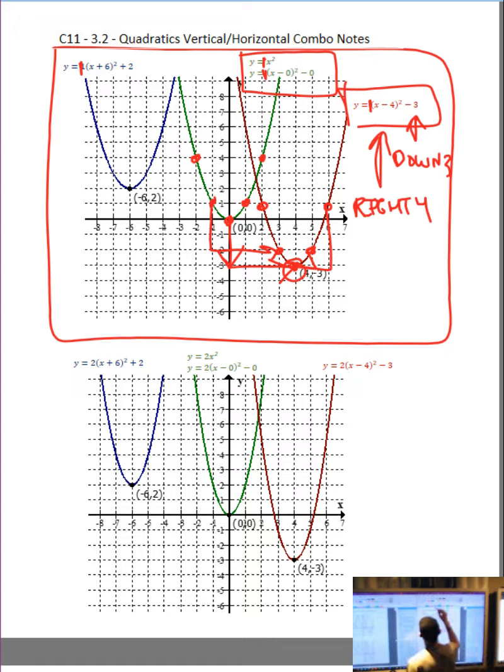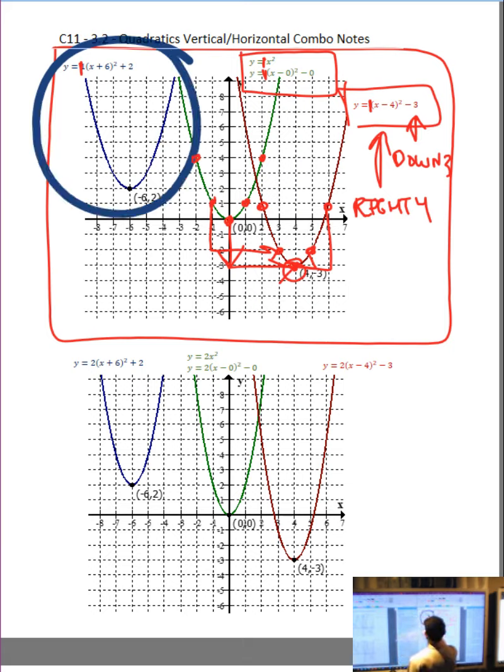And vice versa with the big blue off to the left, well, that's just left 6, the opposite of plus 6, and plus 2, up 2. So left 6, up 2. Memorize x squared in that pattern, but better, memorize the shape from the table of values that you're doing in your head to make the shape.